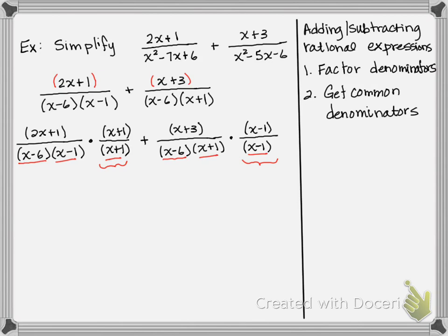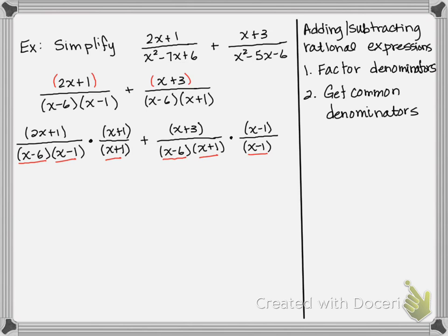So when we have the x minus 6 on both sides, that means nothing's going to happen with that, because they both already have it. And then the one that it doesn't have goes on the top and the bottom.